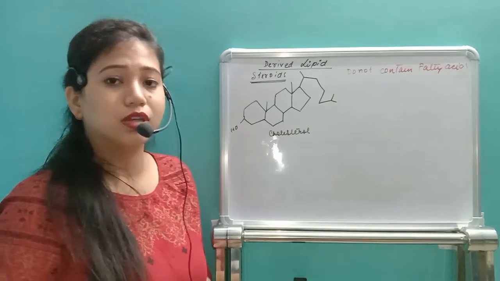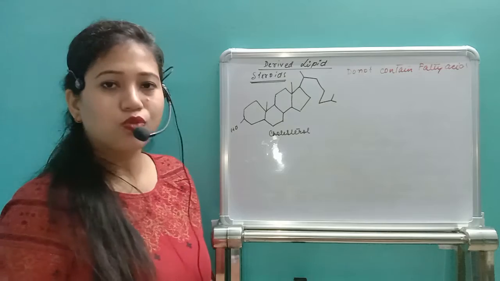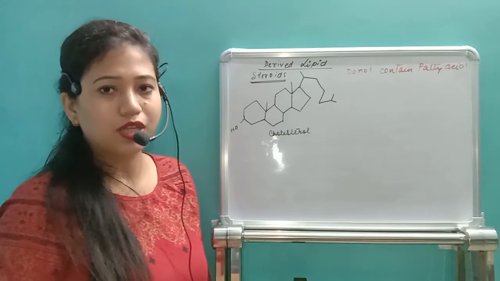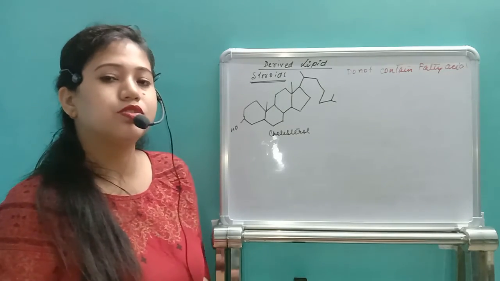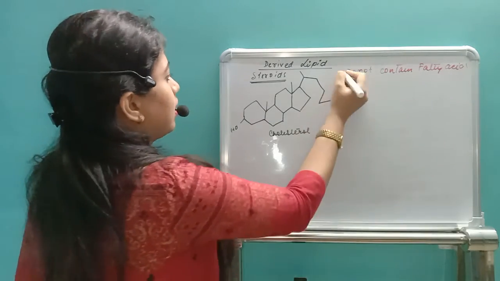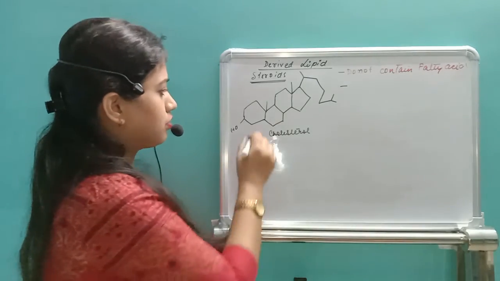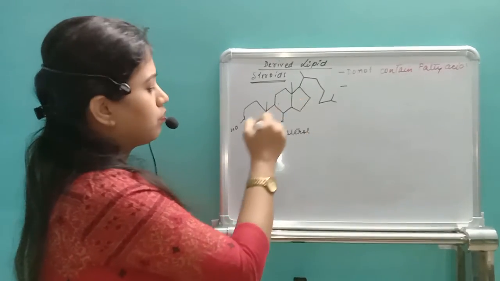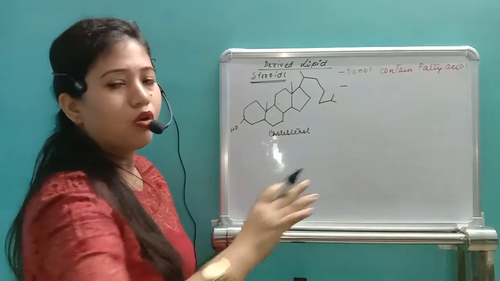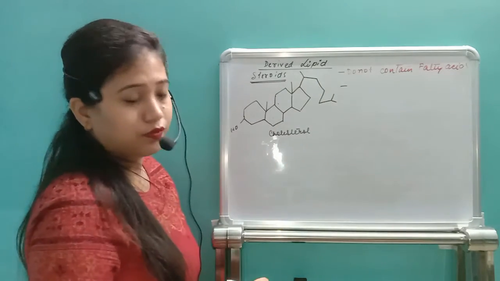Yes, it is not a lipid, but it shows some similar properties of lipids, so that's why it is grouped under the lipids. Otherwise it is actually ring compounds. So different rings are there, and with this there will be a long hydrocarbon chain.